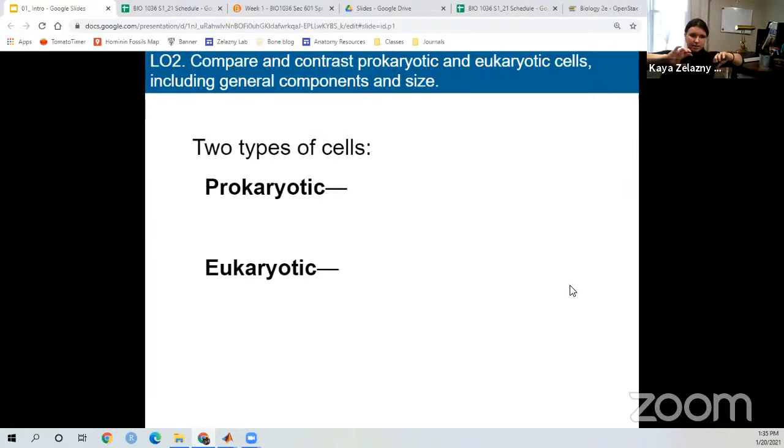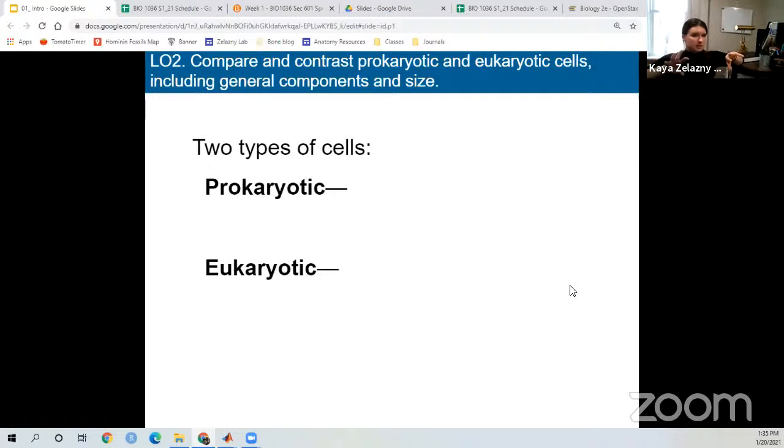If you look at an organism, we're not going to see a mix of these types. These aren't different types of tissues. These are fundamentally different types of cells. So prokaryotic cells are what we're going to find in organisms like bacteria. Not only bacteria, but that's one of our big classes of organisms that are made up of prokaryotic cells.